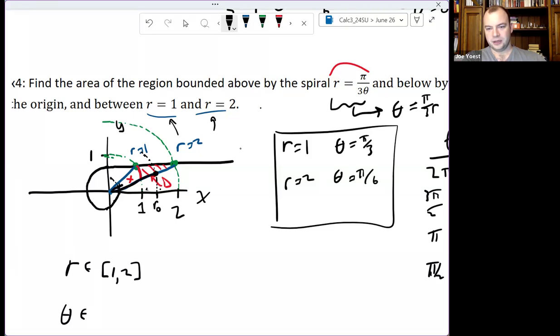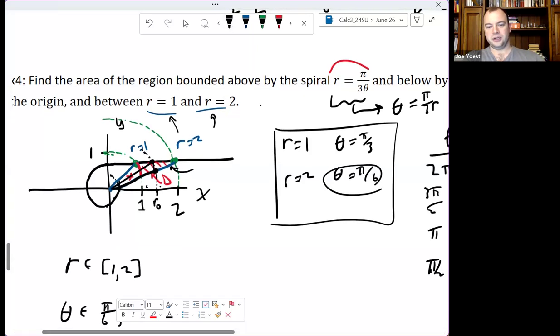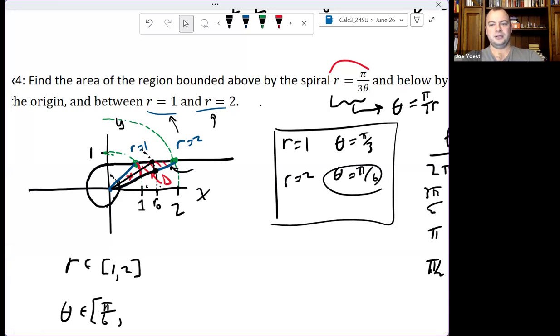It can go from here to here. In other words, the range of theta is going to be from the theta associated with r equals 2, from pi over 6. We always start at pi over 6 and then go counterclockwise until we run into the intersection of that particular r that we chose with that spiral.